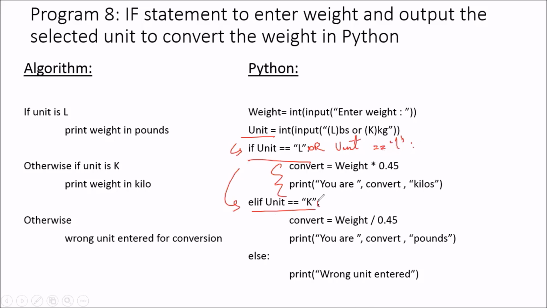Same way here, or unit is equal to small k, right? You can even use symbols for it, or unit is equal to a plus sign, or over here, or unit is equal to a minus sign, and you can use it for a calculator. Multiple keys can be used for a calculator.